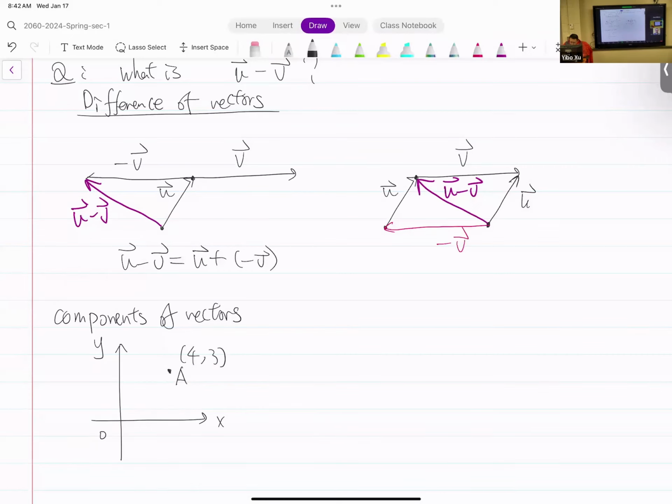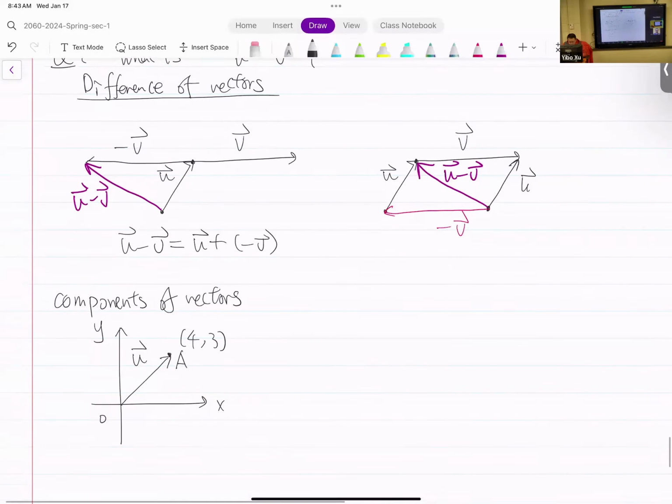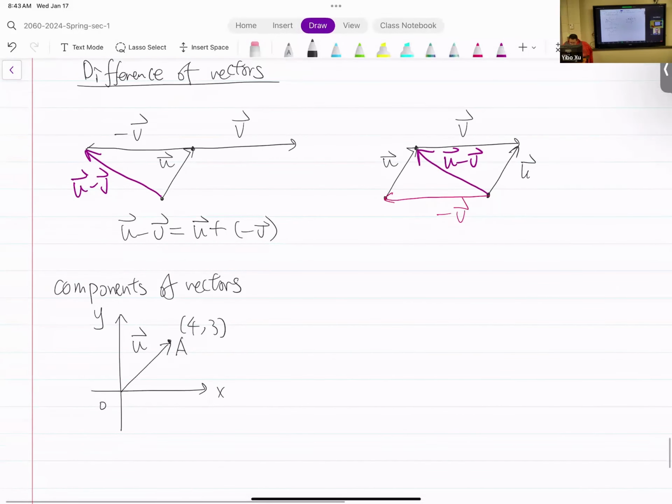But now if we get the vector starting from the origin to this point A, so this vector U, we want to give it a slightly different notation. So here, OA, this vector, is the same as the vector U that we just illustrated in the figure. But now we want to keep the coordinates in the angle brackets. That's indicating that we have a vector.